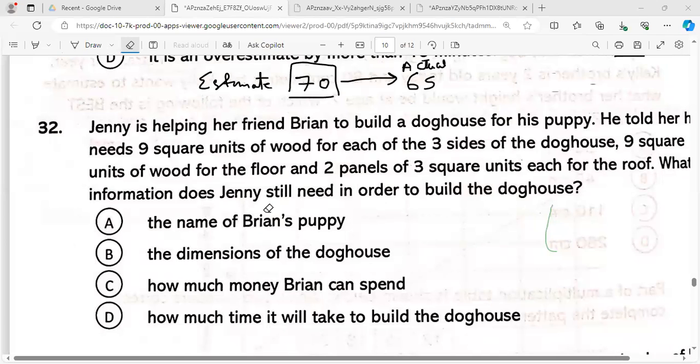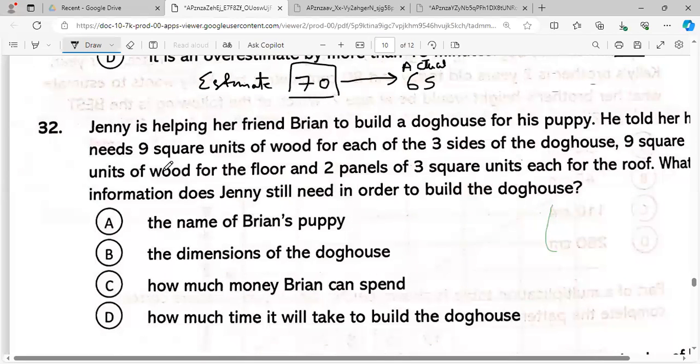So Jenny is helping her friend Brian to build a doghouse for his puppy. He told her he needs 9 square units of wood for each of the 3 sides. Isn't that the dimension though? Exactly. I think you need how much money you need to spend.